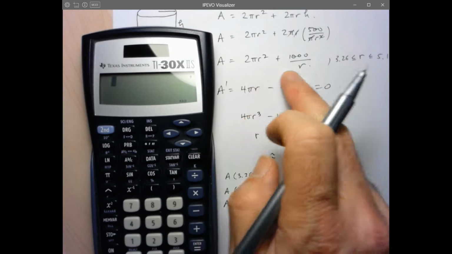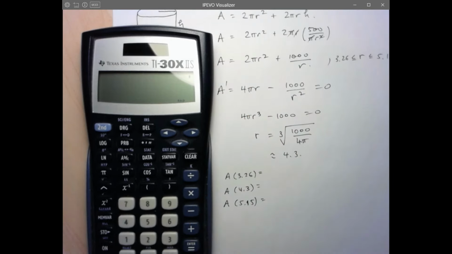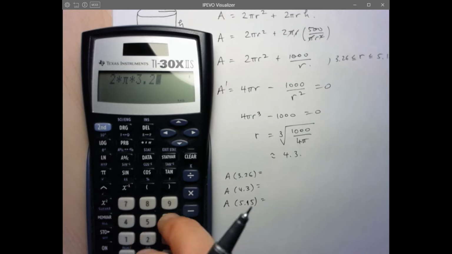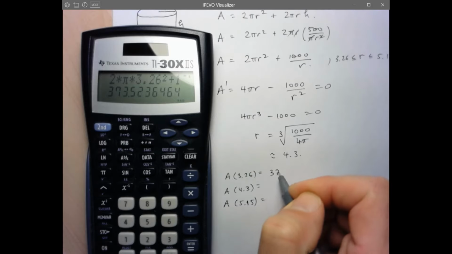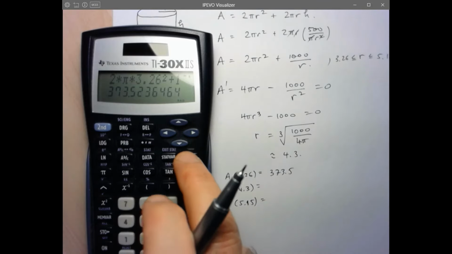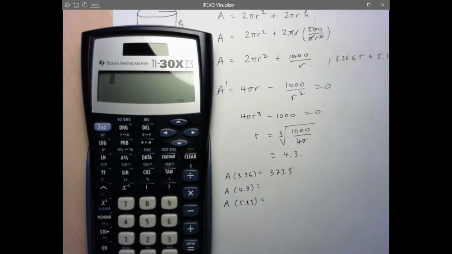I'll use this simplified form here. So we have 2 times pi times 3.26 squared, and then plus 1,000 divided by 3.26. And that gives us 373.5.